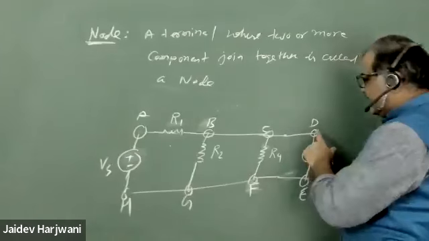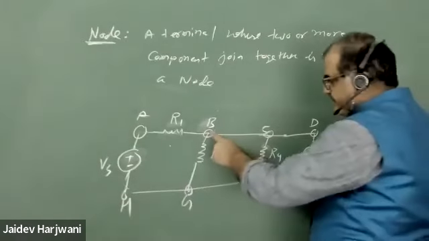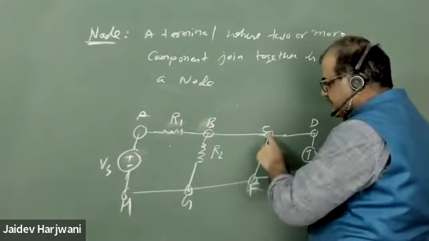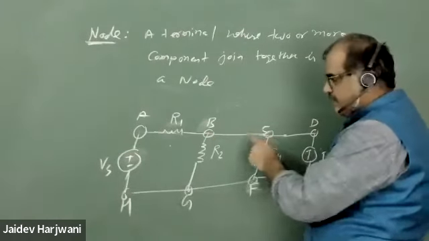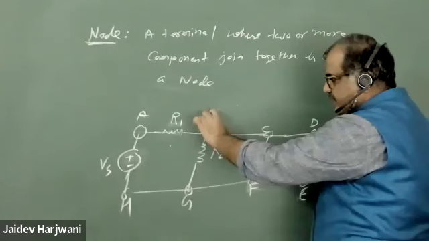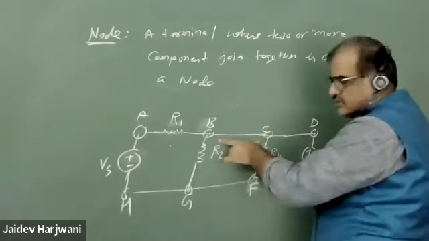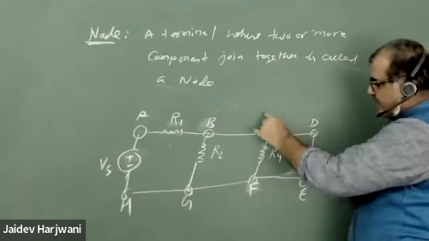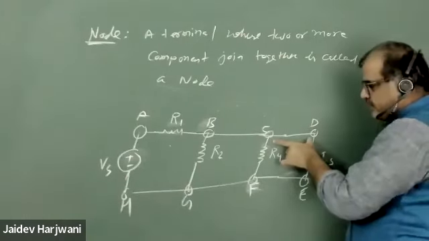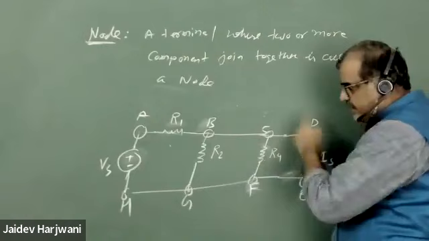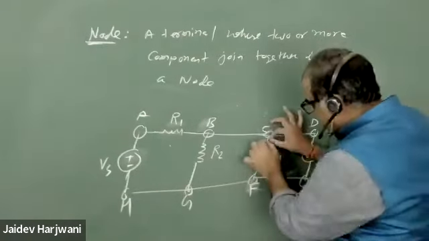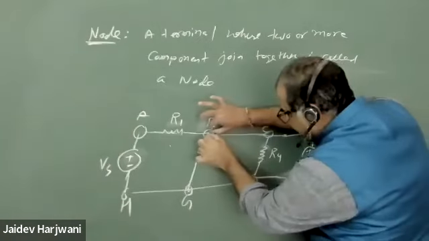Similarly, if I come from B to C, the potential of B and the potential of C will always be the same. If the potential here is V, here also the potential will be V because there is no drop. Similarly, the potential of B and C will be equal to VD because there is no potential drop. So these three terminals are simply connected by wire. I can simply pick this one and join it here.